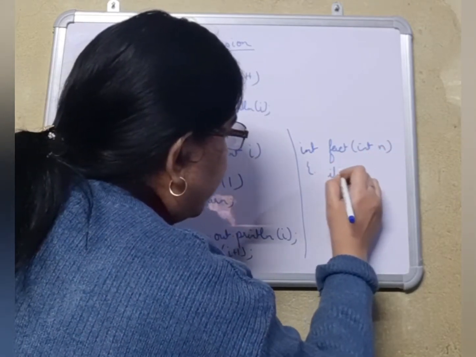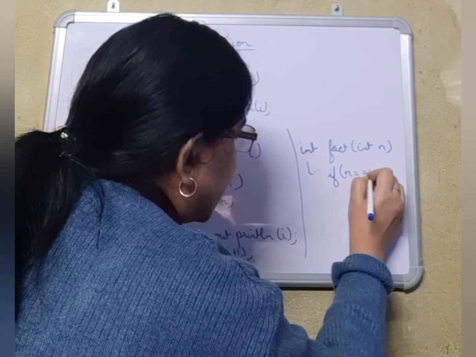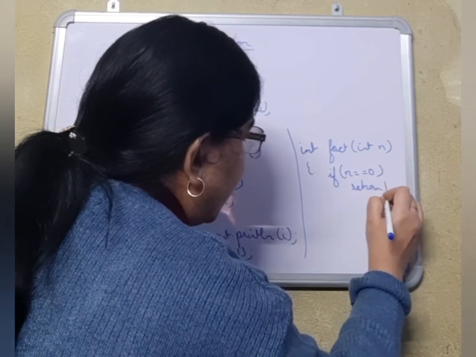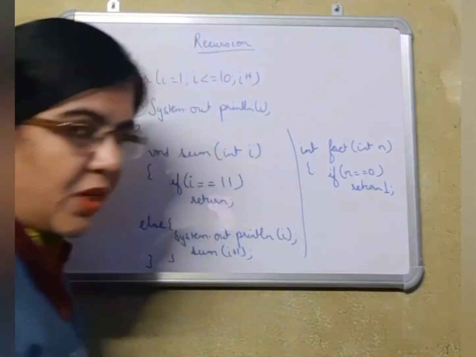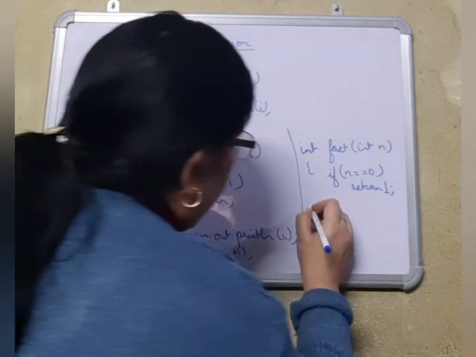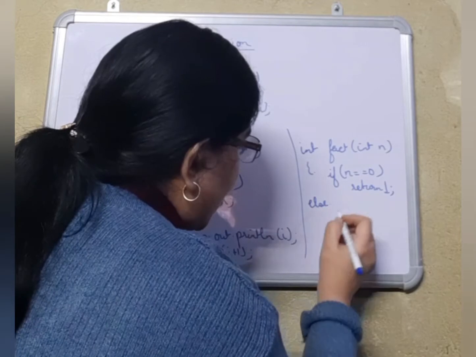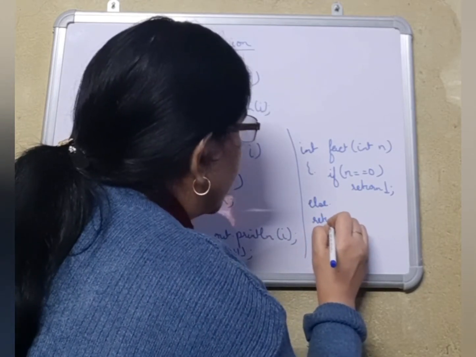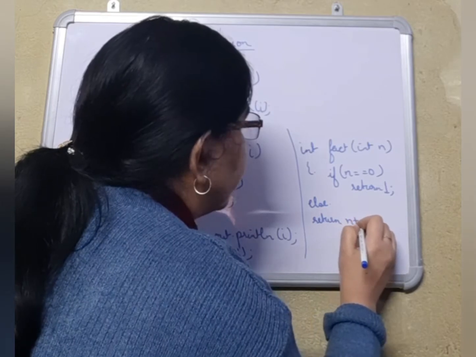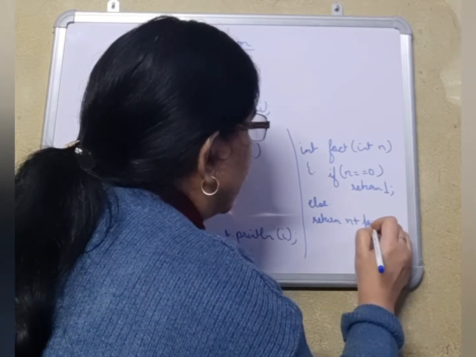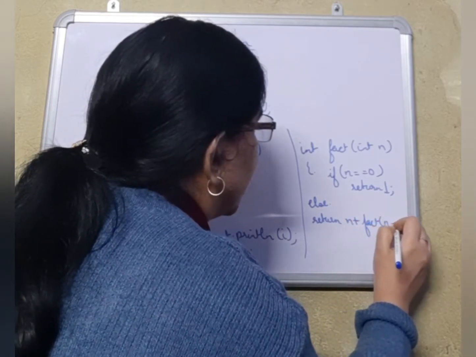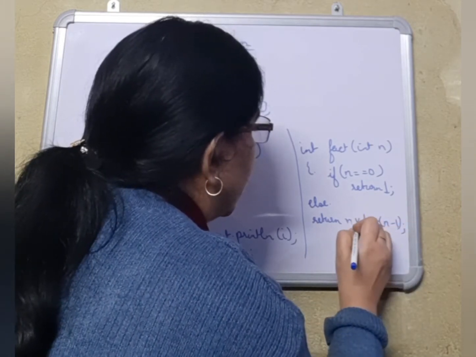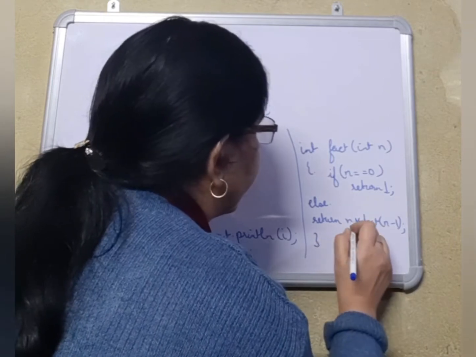So here our terminating case will be if n is 0, then return 1, because we all know that the factorial of 0 is always 1. Else, if it is not so, then we'll write return n, then call the fact function and send n minus 1. N into, sorry, it's a multiplication thing.